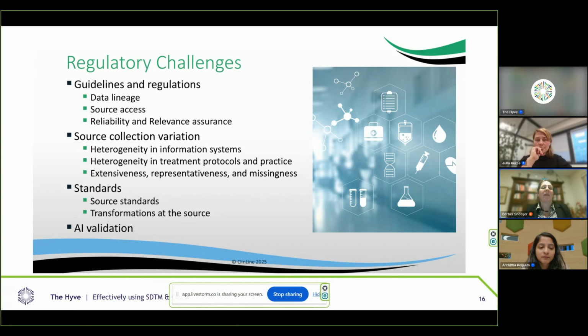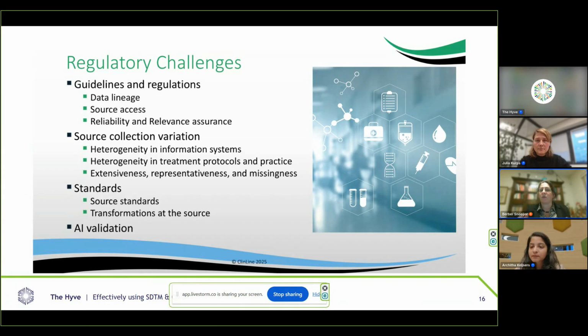Also, what I already mentioned, that source collection variation, the heterogeneity in the information systems, the heterogeneity also in the treatment protocols and the practice, also how patients are treated in a certain area. There can be differences within treatment protocols between countries, but also even within countries.